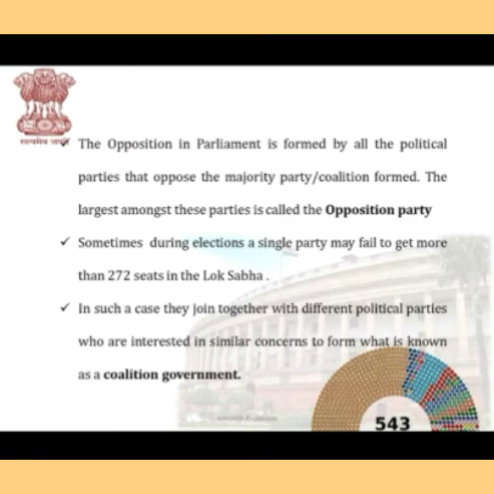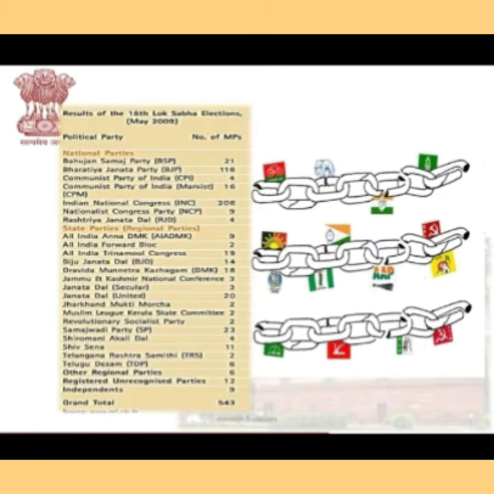Sometimes during elections, a single party may fail to get more than 272 seats in the Lok Sabha. In such a case, they join together with different political parties who are interested in similar concerns. Whoever has the same motto joins together to form the coalition government. Look at this table. This portrays the results of the 15th Lok Sabha elections held in May 2009.